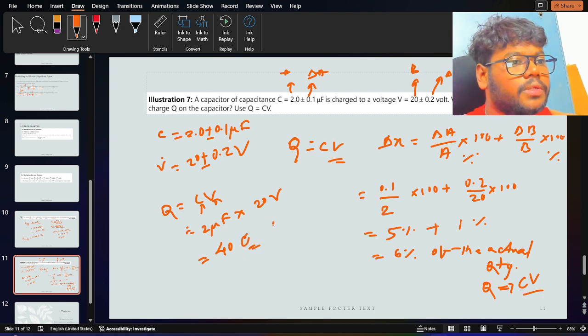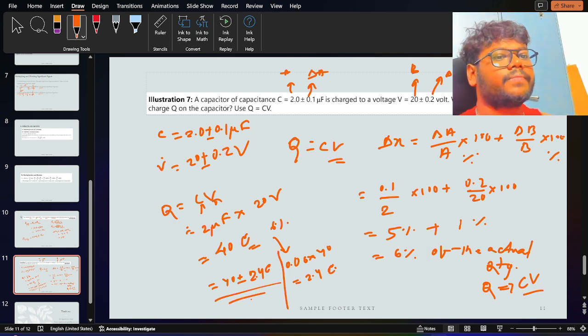So 6 percent of 40 coulomb is 0.06 into 40, which is 2.4 coulomb. So the answer is 40 plus or minus 2.4 coulomb.